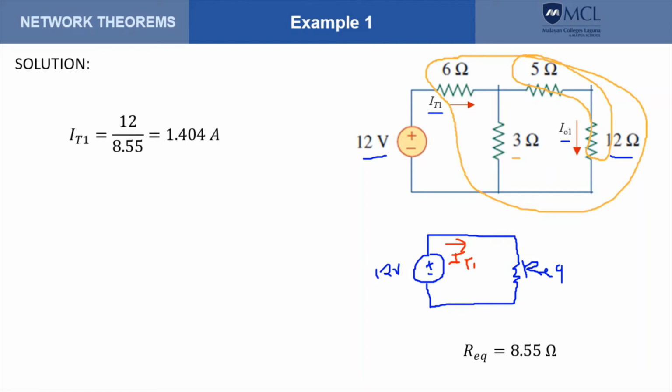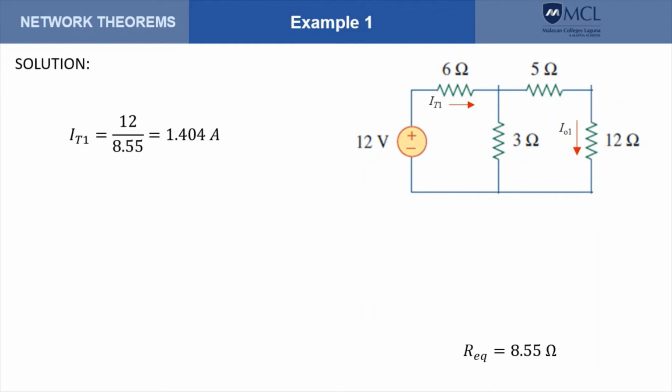Having computed for I sub T1, we can apply current division to solve for I sub 0, 1. According to the current division, if we have a current that is flowing towards a parallel combination, so this current I sub T1 is flowing to the parallel combination of 3 ohms and 17 ohms, we can use current division.